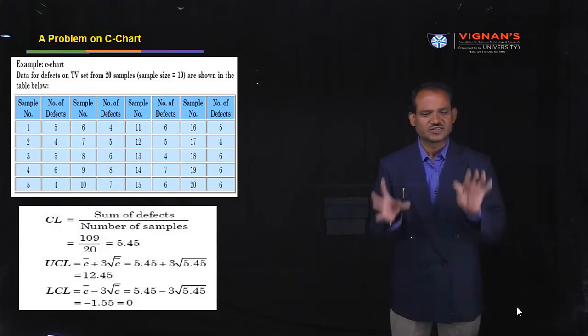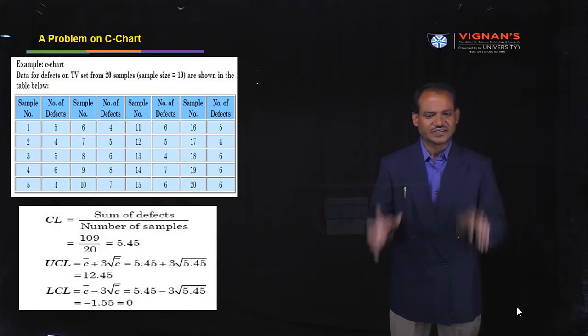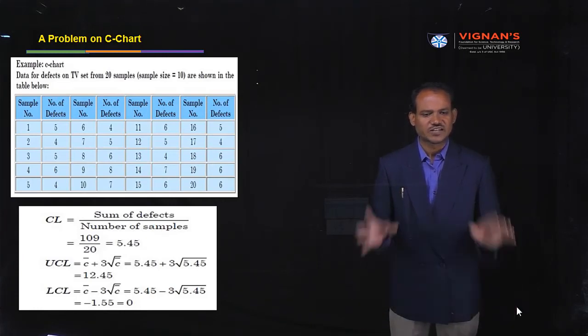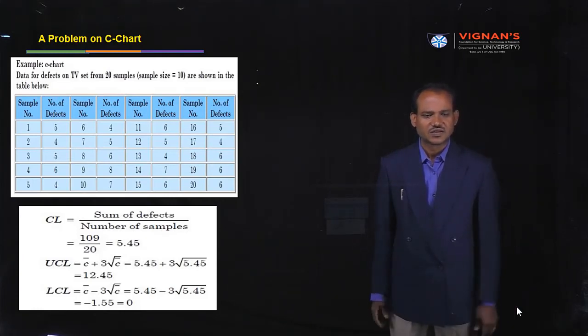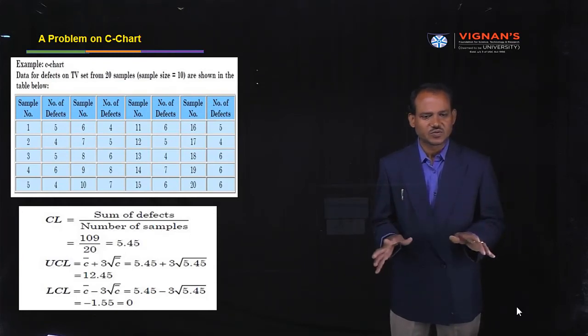Similarly, LCL. The difference is sign change. C bar minus 3 into square root of C bar. In the case of LCL, sometimes we may get negative values. That means minus 1.55. So you can make it minus value into 0.